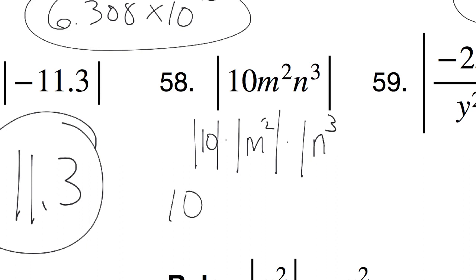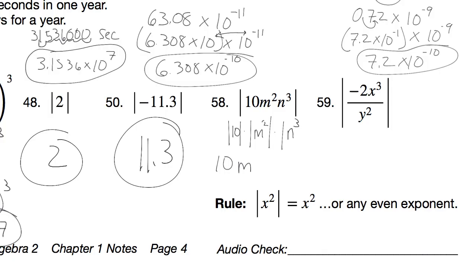The absolute value of m squared is always going to be m squared. It's always going to be positive. So if that's true, then n to the third is going to be n squared times n. And the absolute value of n squared is just n squared times the absolute value of n.